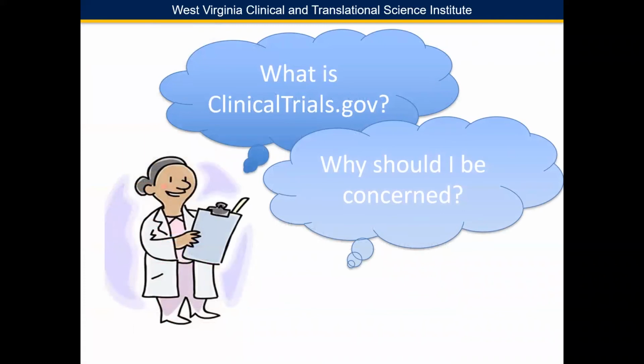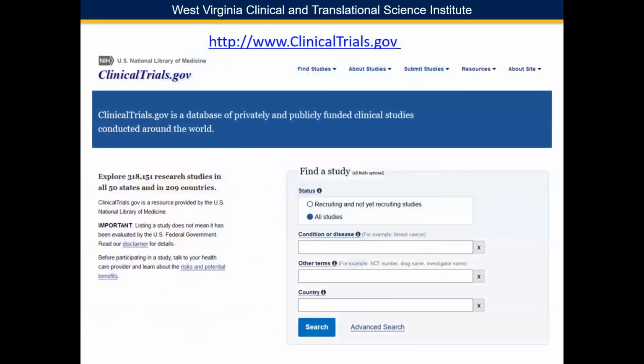So what is it and why should you be concerned with it? This is the page that you first see when you go to ClinicalTrials.gov, the public-facing side. And ClinicalTrials.gov is a national registry of federally and privately supported research studies conducted by the U.S. and around the world.